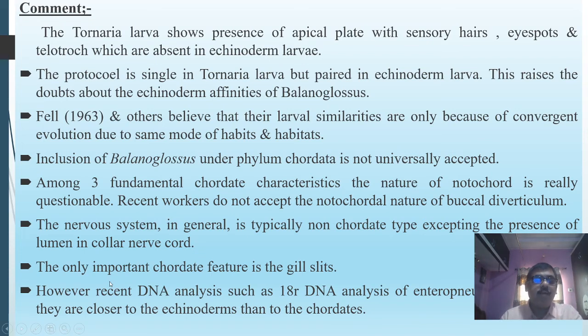However, recent DNA analysis, such as 18S rDNA analysis of enteropneusts, the order of hemichordata including Balanoglossus, suggests that they are very close to echinoderms rather than to chordates, even though morphologically, in body symmetry, they are very much different from echinoderms.